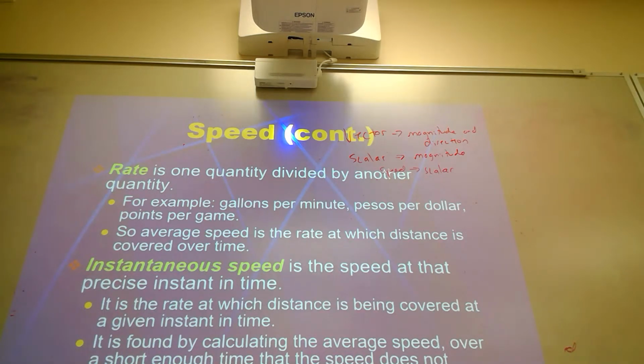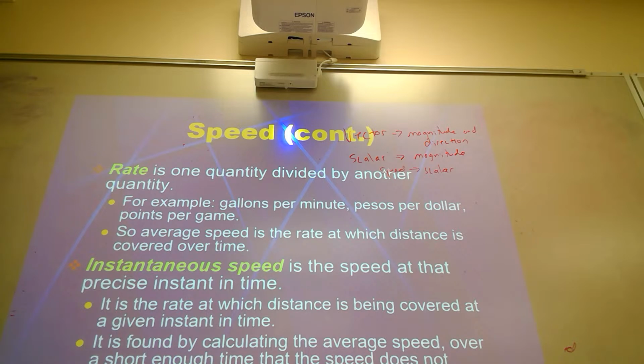Okay, so we talked about average speed and we talked about instantaneous speed. I think you already knew the difference between average and instantaneous. It's the same idea. So we're going to be doing some labs to help you understand this stuff better by having you measure these things.